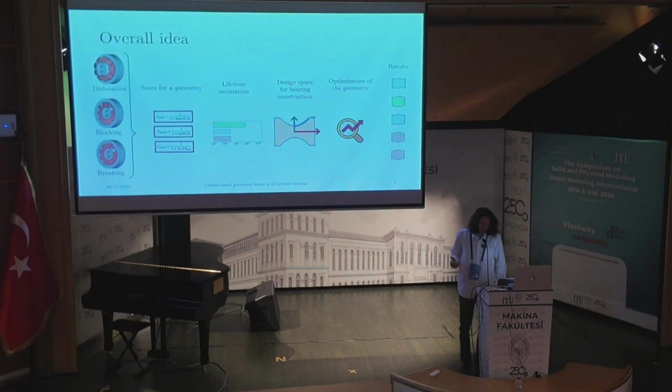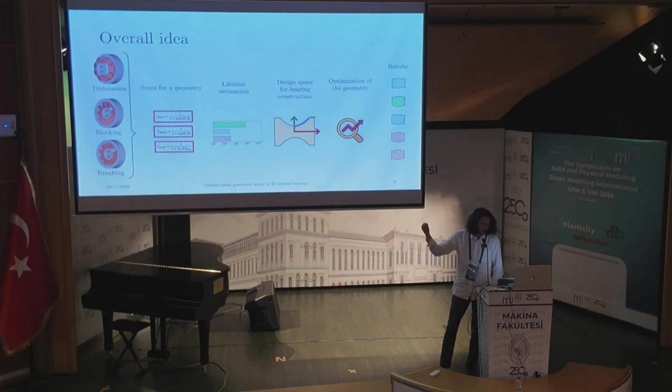So the overall idea of this work is that for each kind of failure, we created a score associated with a geometry that is used to predict the lifetime. And then we correlate the lifetime from the experiment with the score that we designed. And with that, we created a design space for bearing construction.